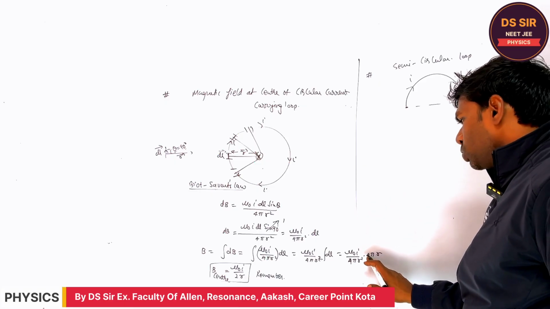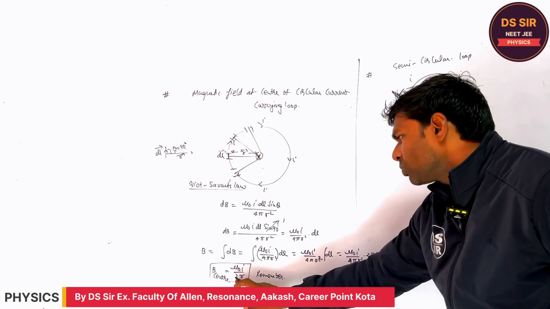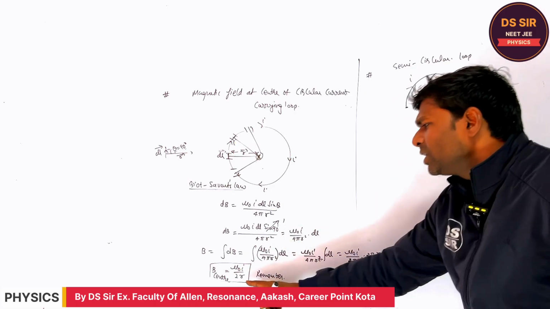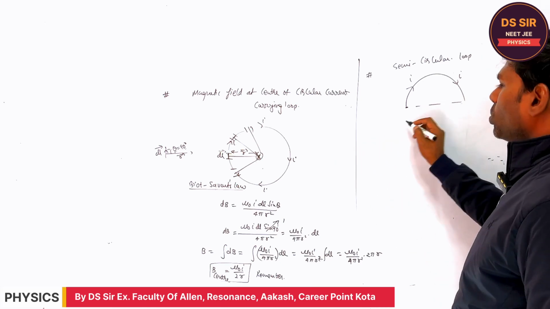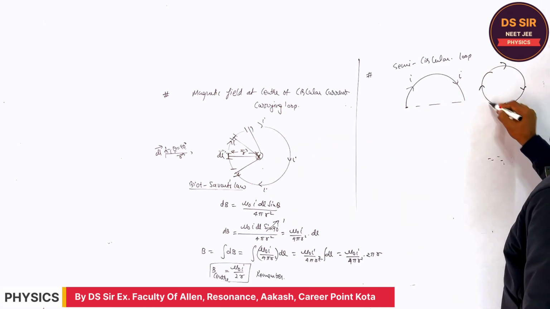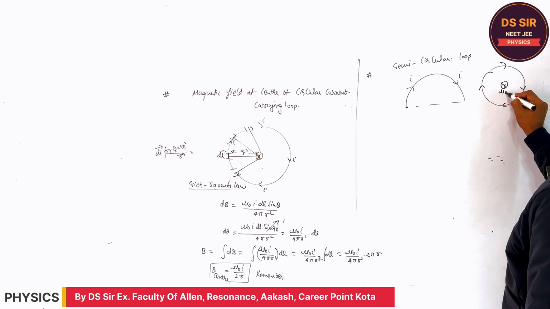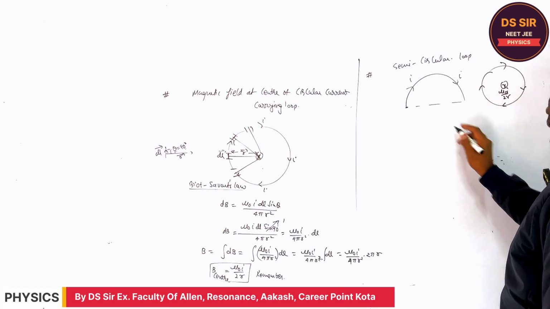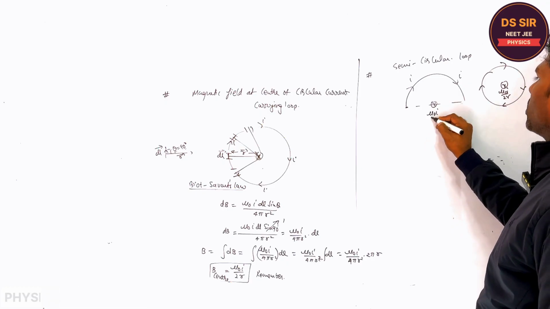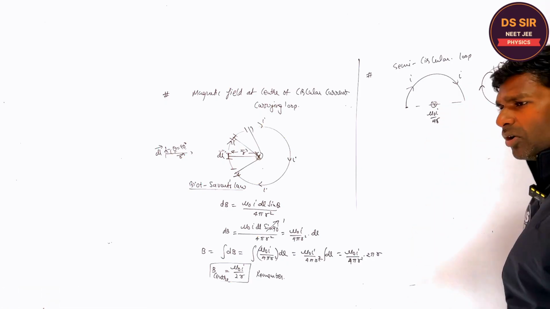Then the 2 and 2 will cancel out, so the 4 will come. Directly you can say, if the total magnetic field due to the circle is mu naught I upon 2r, due to the semicircle it is mu naught I upon 4r. Is it clear or not?